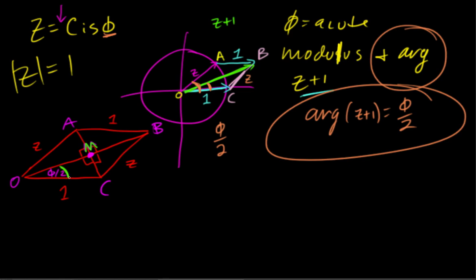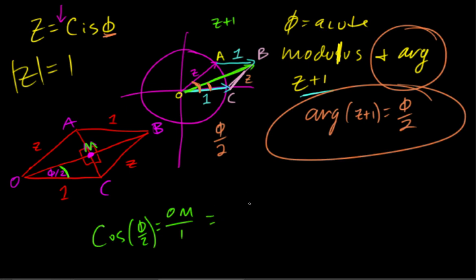If we're focused on this angle, we have the adjacent is what we want to know, and then the hypotenuse, which is 1. So it's going to be OM over 1, and that's a cosine, and the angle is phi over 2.